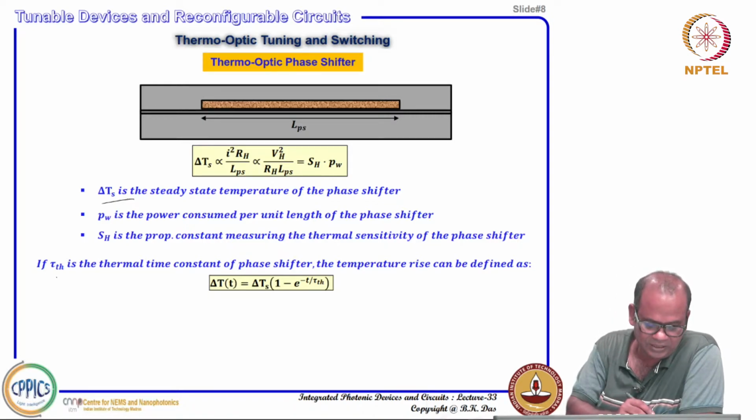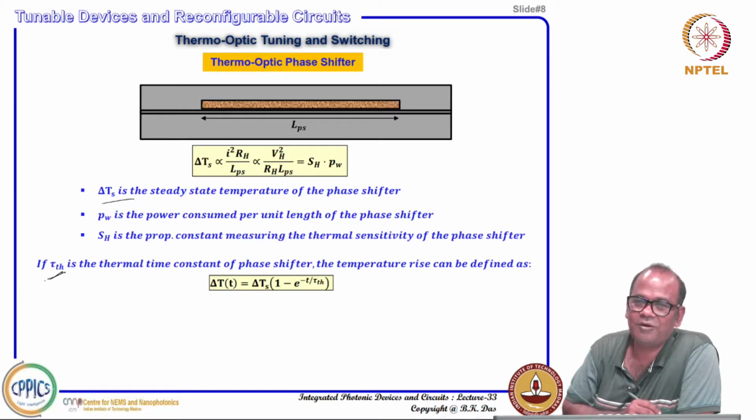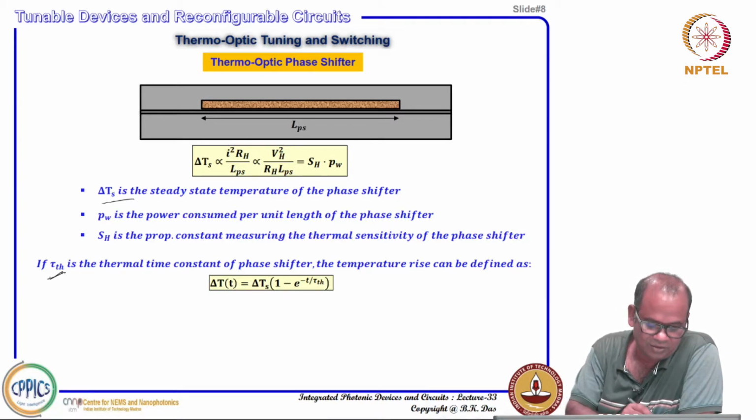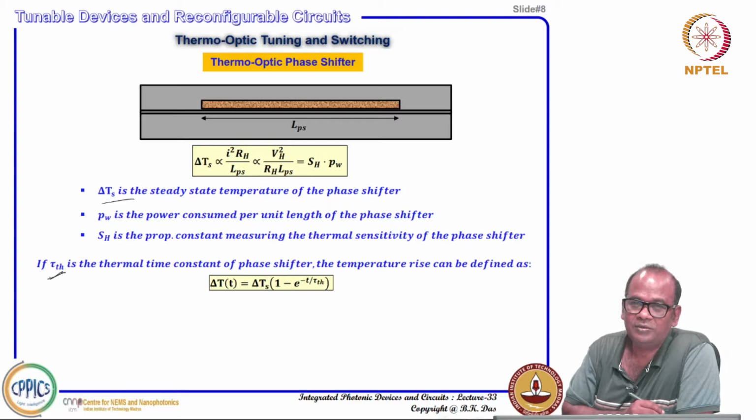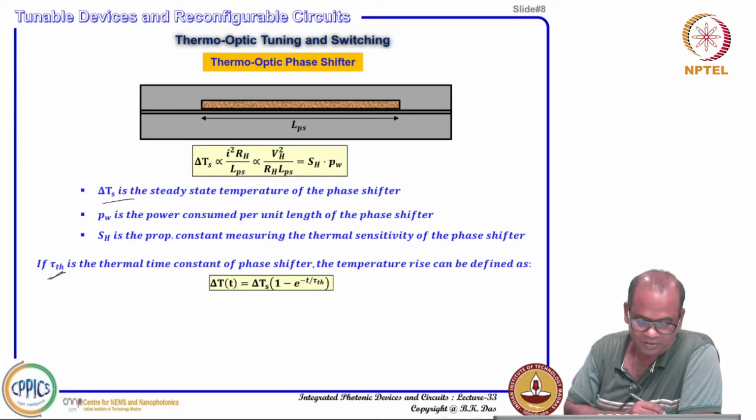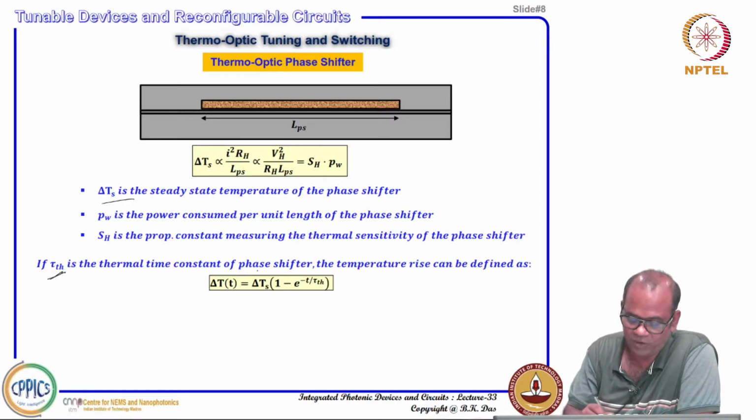That is decided by another constant, like SH, another figure of merit called the thermal time constant of the phase shifter. When I say phase shifter, that is the combined structure: waveguide plus microheater and surrounding region, cladding, slab heights, everything is included.